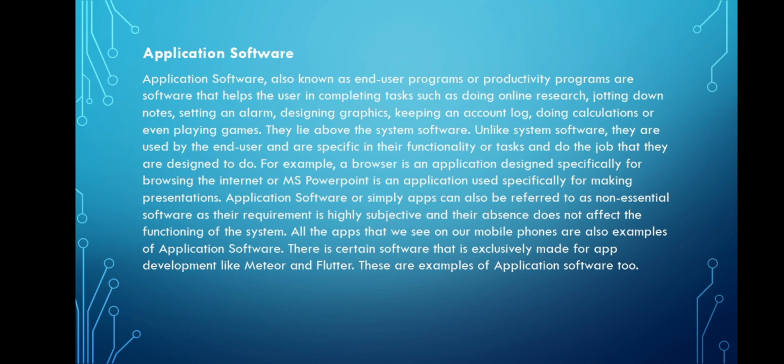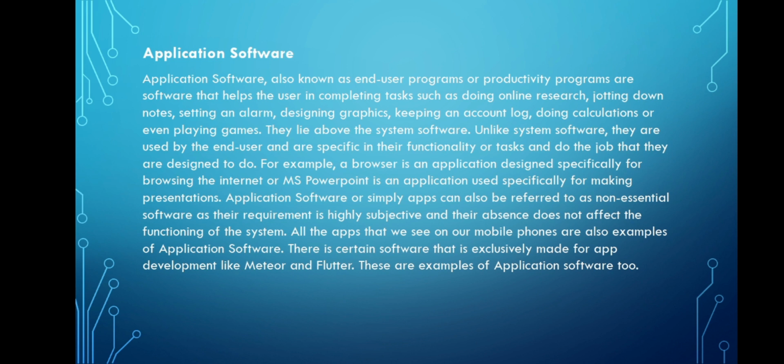They lie above the system software. Unlike system software, they are used by the end user and are specific in their functionality or task and do the job that they are designed to do.